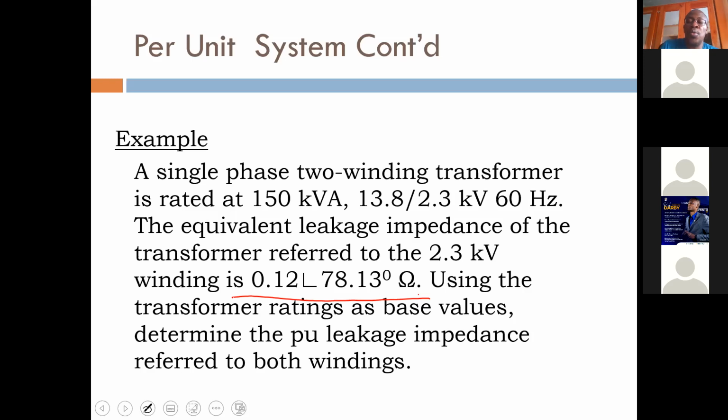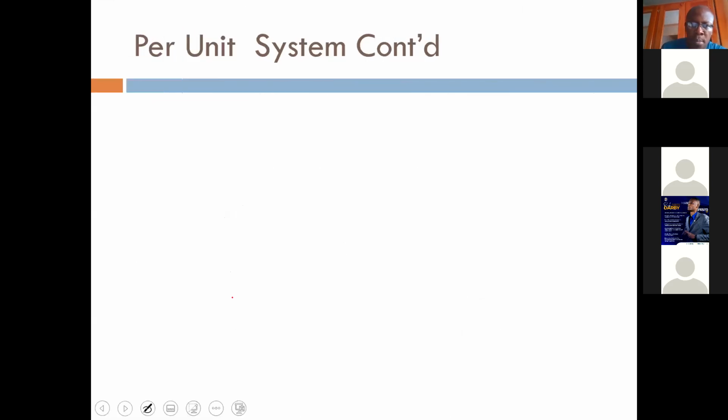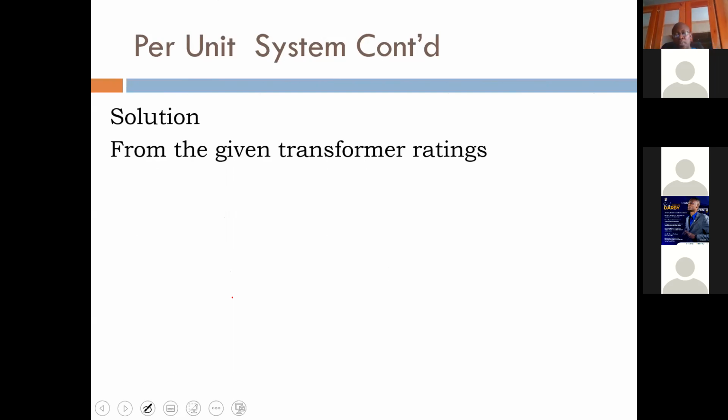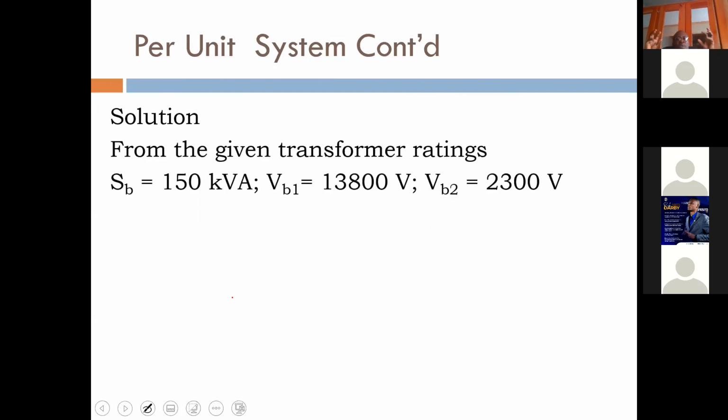And I want to now use these ratings that I have to determine the per unit looking from the high voltage side as well as the low voltage side. Since we have the value from the low voltage side, let's start with that one. I'm going to use the ratings of the transformer as the base values.